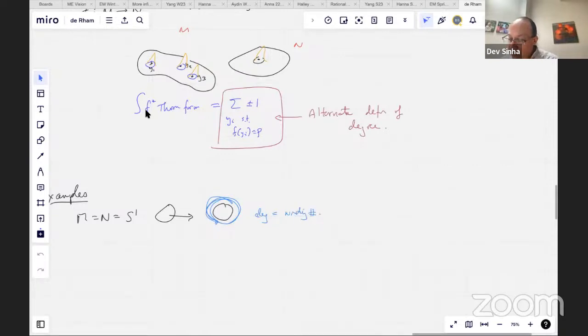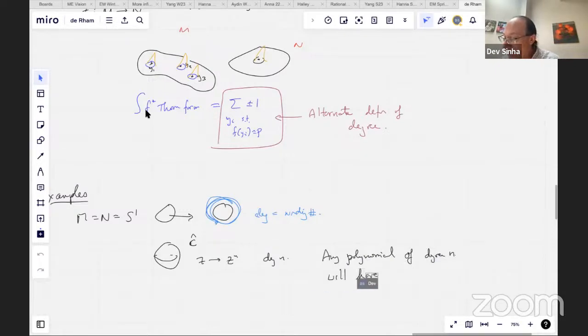Very similar on the unit sphere. If I'm thinking of this as the complex numbers with a point at infinity, and for example, I take z to the n, this will have degree n, or in fact, any polynomial of degree n will have degree n. This is part of the naming of it. And there's a proof of the fundamental theorem of algebra that relies on this.